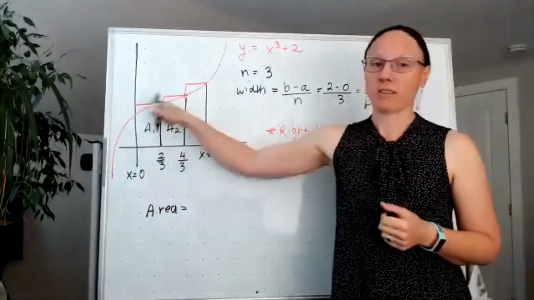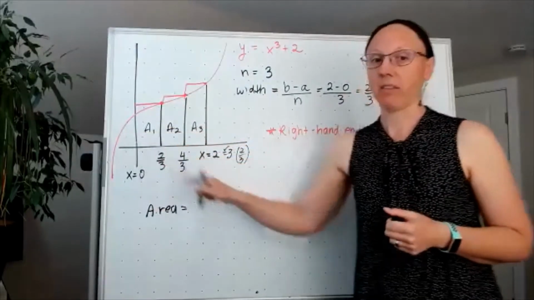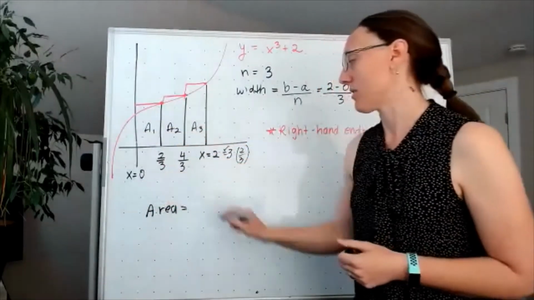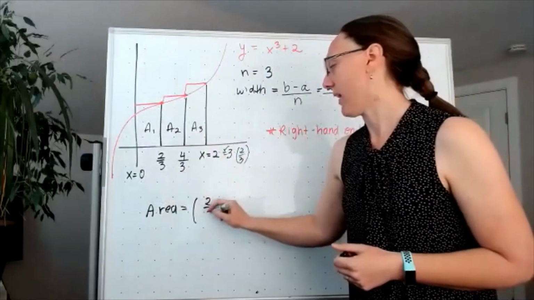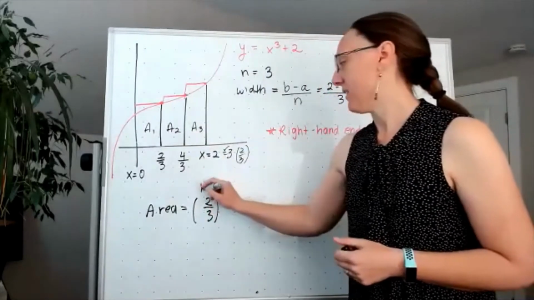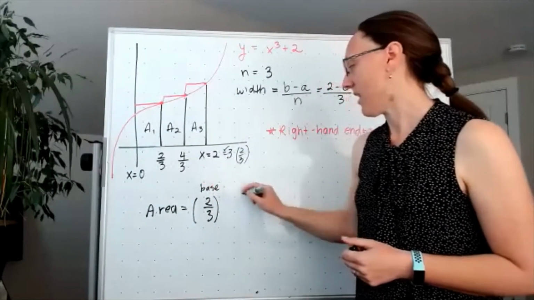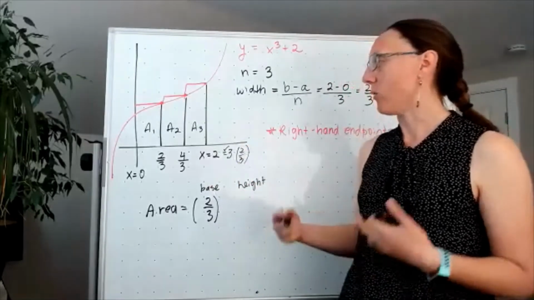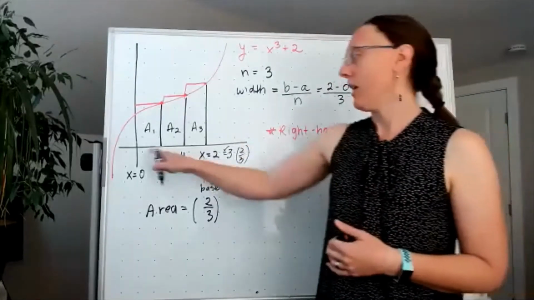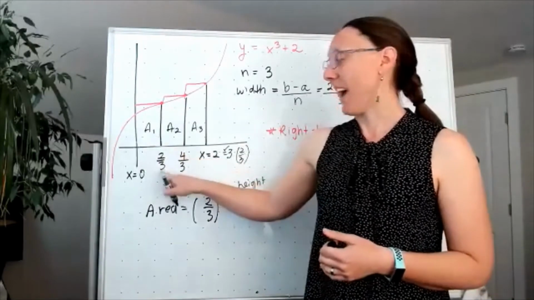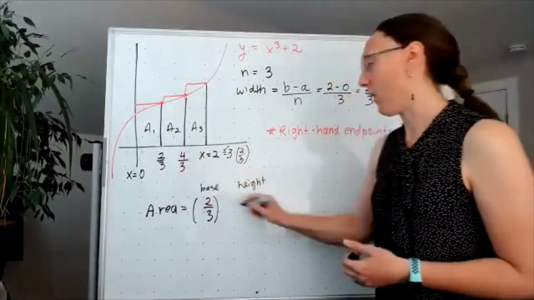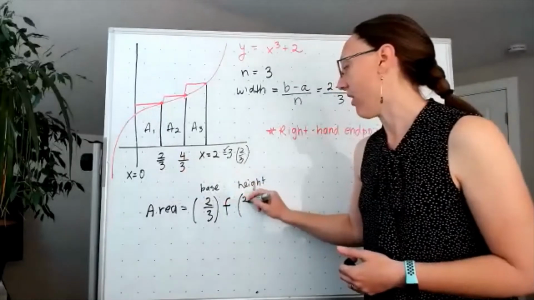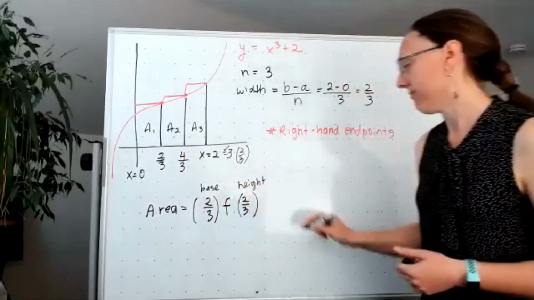my first rectangle, I've got a width of 2/3. So I'm going to have the base or the width times a height. And for that first rectangle, my height is going to come from the X value at the right-hand side. So for now, I could just write that in as F of 2/3.